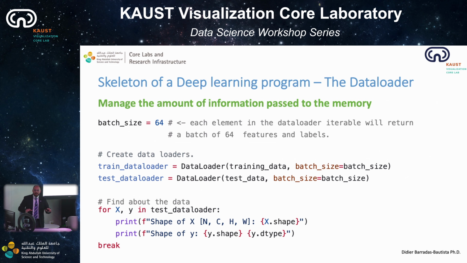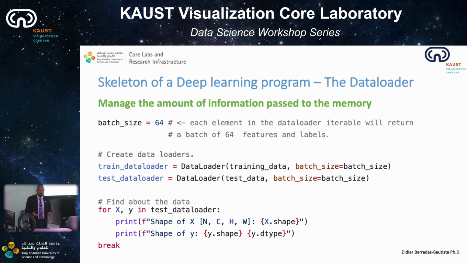Here on IBEX we have many different versions. We have old ones that have only 12 gigabytes of memory. We have new ones that have 80 gigabytes of memory. That makes a big difference, meaning you cannot feed the same amount of information to the old ones as to the new ones. And that's the batch size.